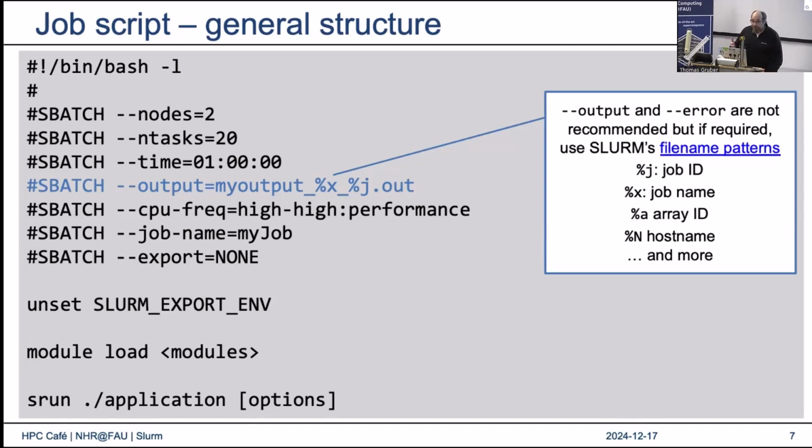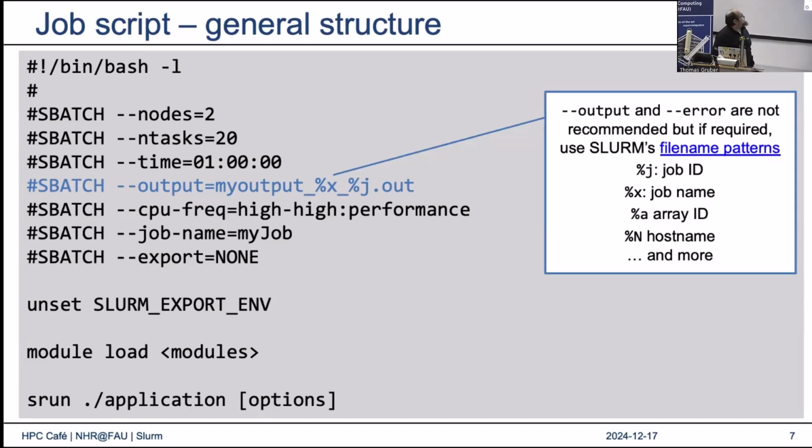So if you need that, please use the file name patterns that Slurm provides. Like %J is replaced with the job ID, %x with the job name, and so on. So you can create the output file name based on the inputs of your job. Very handy. If you do that, the problem of overwriting your own files is minimized, because with the job ID in the name, it will probably not happen again in the next year or 2 or 3 that you see the same job ID again. Officially never, but it will come back.